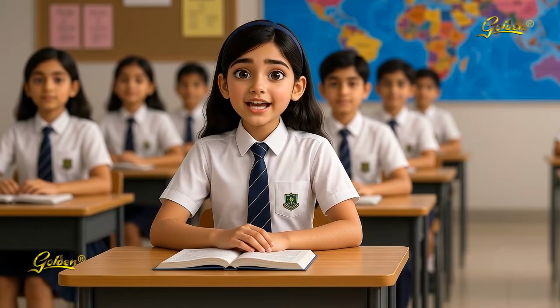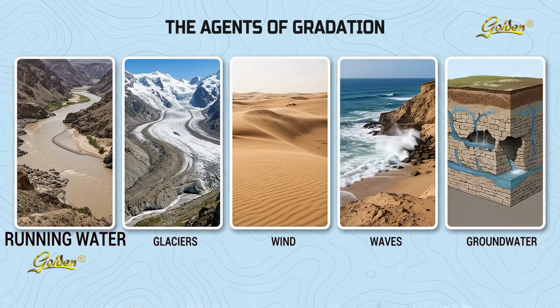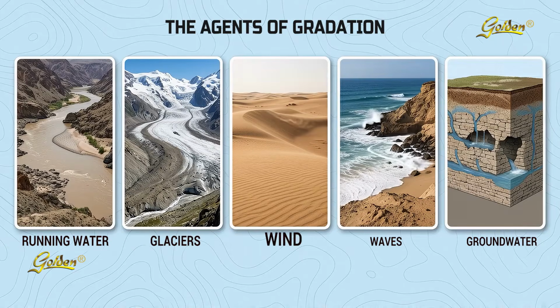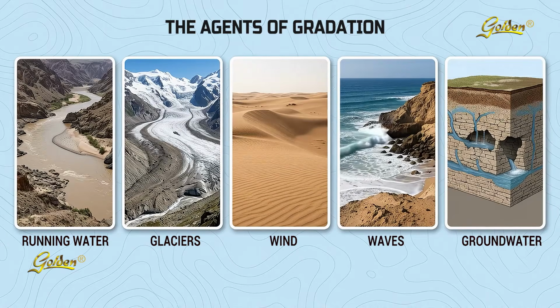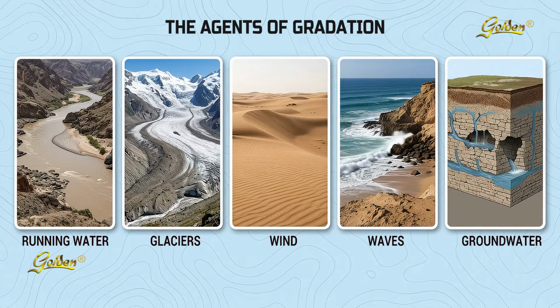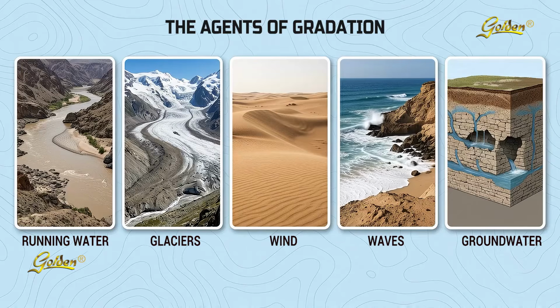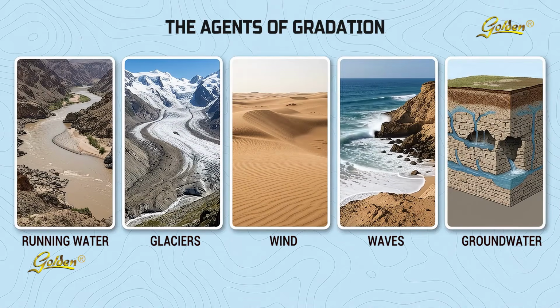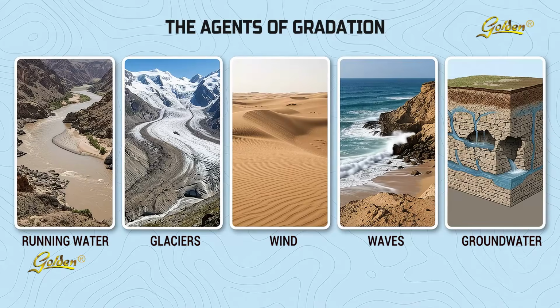Ma'am, what are the agents of gradation and what do they do? Running water, glaciers, wind, waves, and groundwater are the main agents of gradation. They wear down, transport, and deposit materials on the surface of Earth for leveling or smoothing it over time.